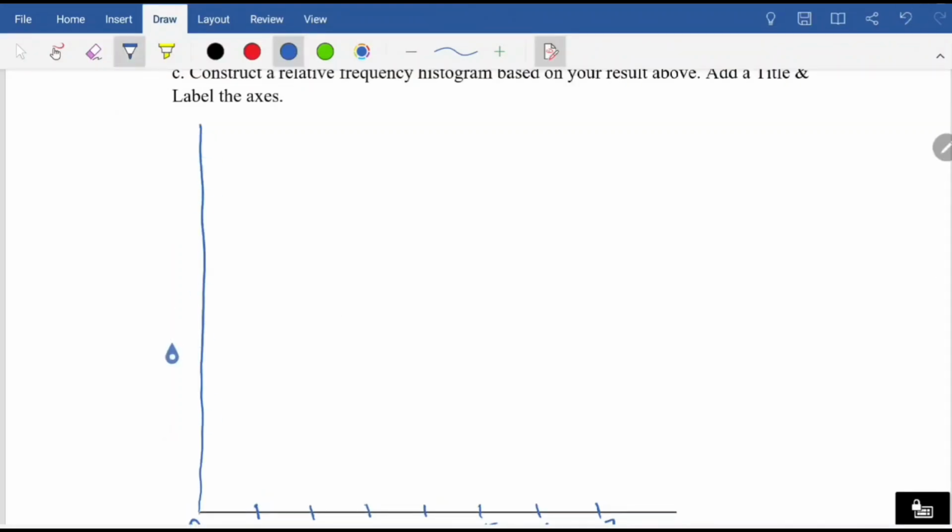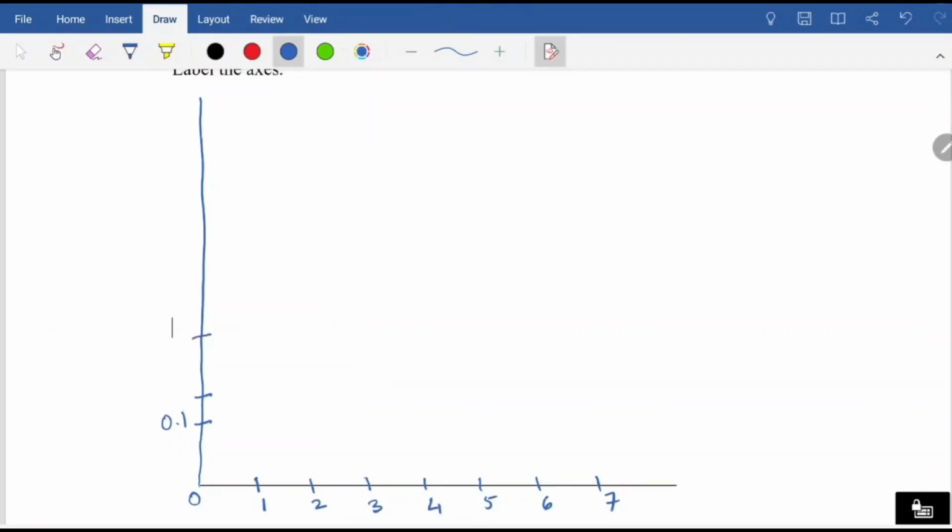Sorry, I just lost the y-axis somehow, but I drew the line here, and let's work with this. All right, so we'll divide it as 0.1, 0.2, I'm having a tough time here. Hold on, please. 0.1, 0.2, 0.3, and let's say 0.4 is here.